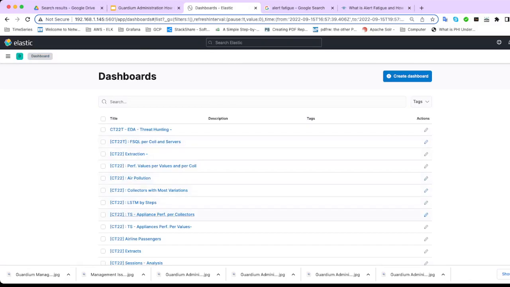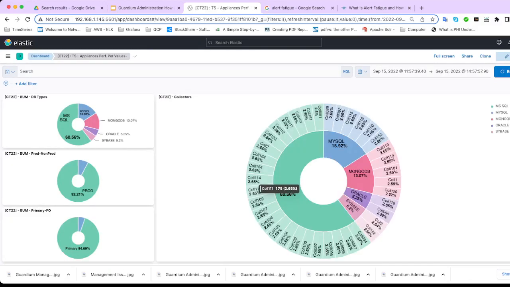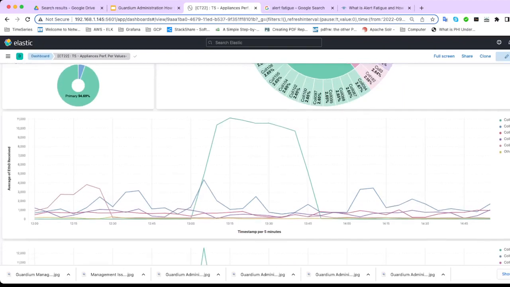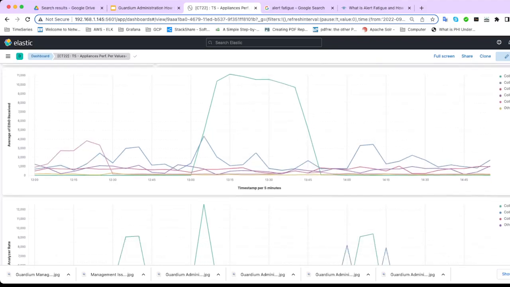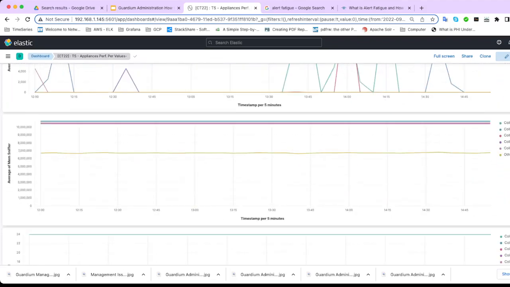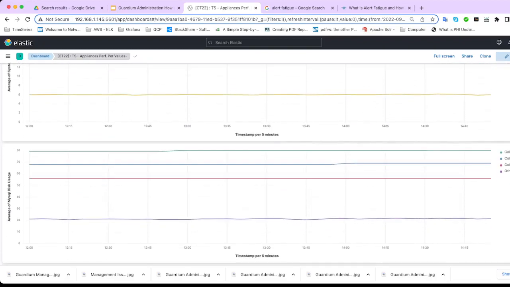Another dashboard is this one, which is going to give you a time series, so an evolution in time. If we look at the one we are interested in, the average MySQL disk usage, here it's pretty flat because those are test data.